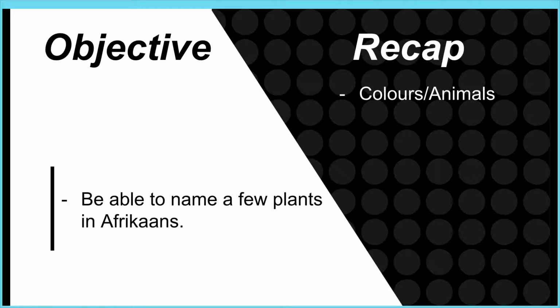In this lesson's activity, there will be one word from the color lesson and one from the animal lesson that you will have to identify. If you struggle to identify those words, then feel free to watch the color lesson and animal lesson again. You can find the links to those lessons in the description.